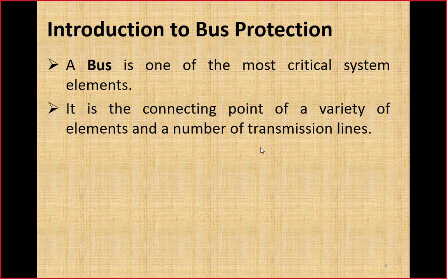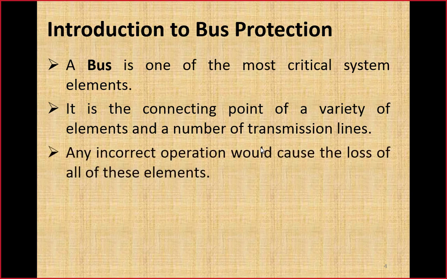At the same time, if protection maloperates, meaning the fault was not on the bus or bus protection was not supposed to operate but it has operated, then the loss will be huge because it will result in outage of all the lines, the transformers and all the connected compensating equipment. So the cost of misoperation, or failure of operation, is very high in the case of bus bar protection. Any incorrect operation would cause the loss of all these elements.